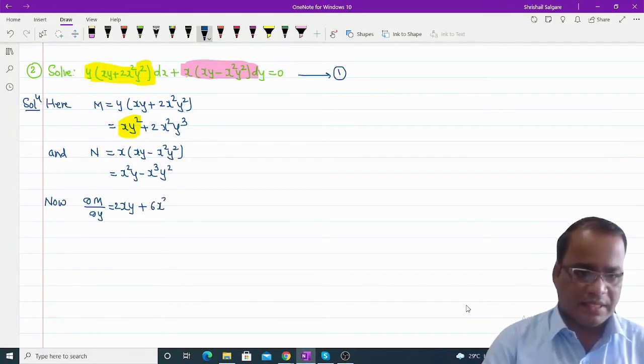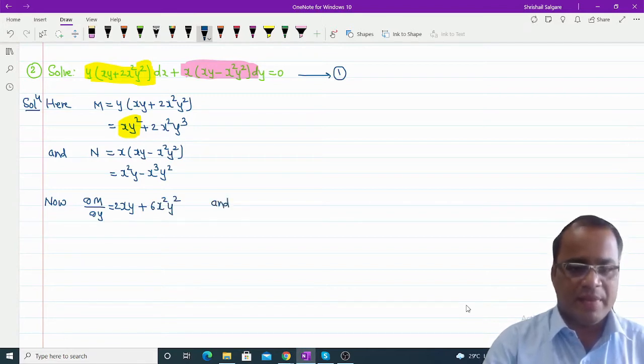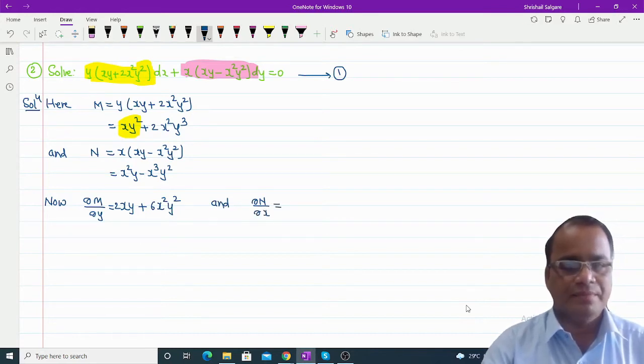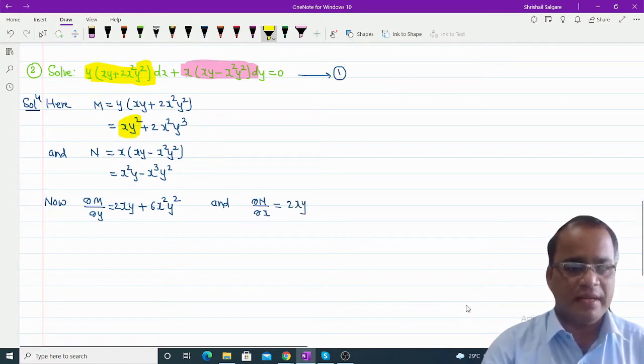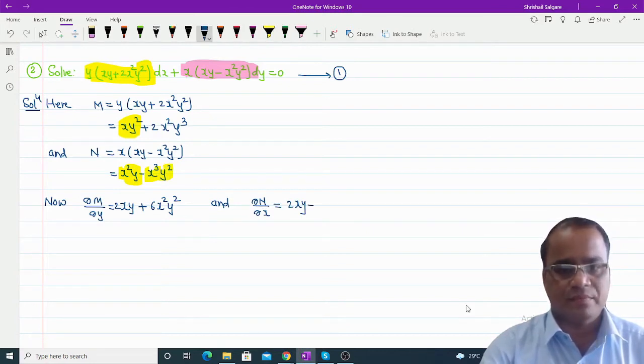Yes, very good. And in the same manner, the partial derivative of N with respect to x. It is 2xy, the derivative of the first term. The derivative of the second term with respect to x is minus 3x square y square.